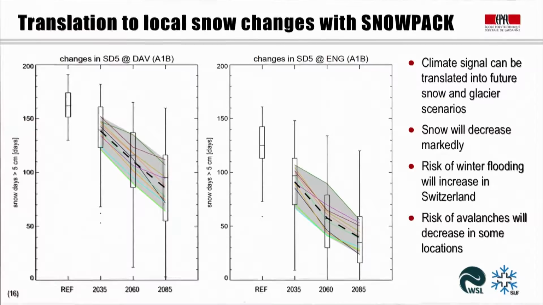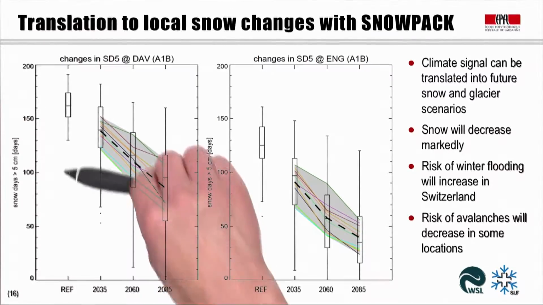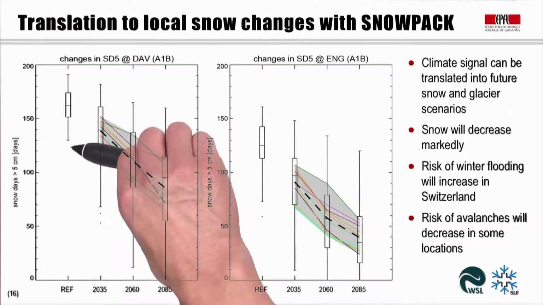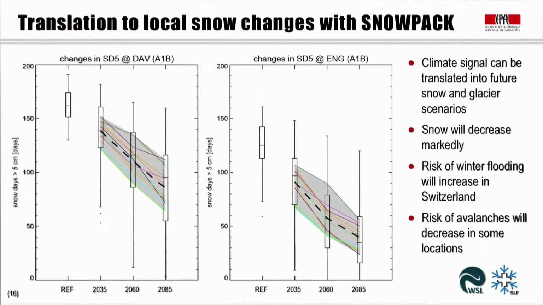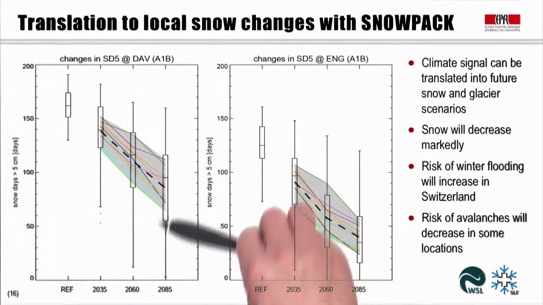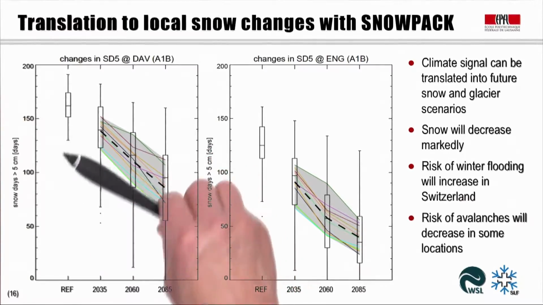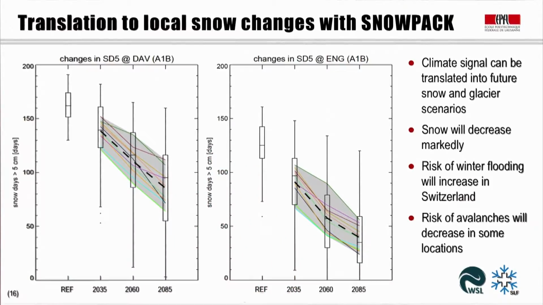The inherent variability from year to year, for example, is represented for the present in this first box plot, which is the correct technical term for this way to visualize the result. It also gets quite a bit larger for the future, but is in principle of the same order of magnitude as the uncertainty that comes from the models.